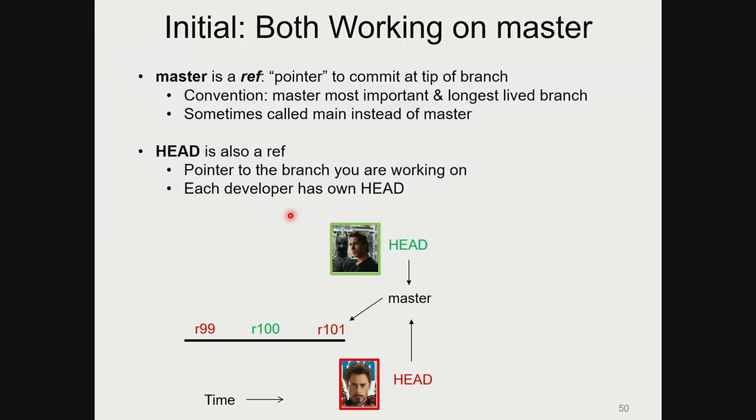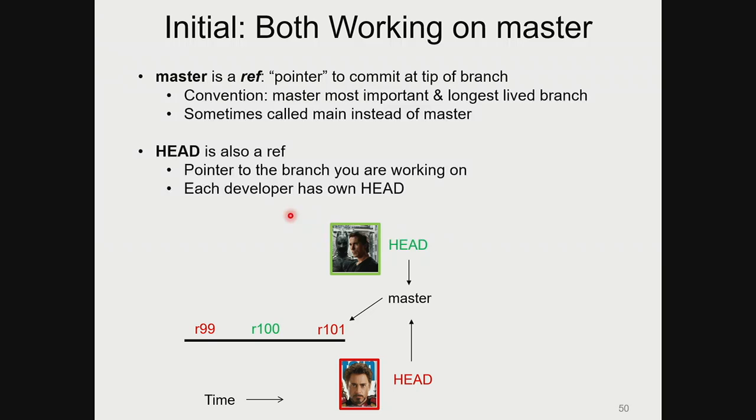So what do we mean by branch? In Git, there are two main pointers called master and head. Master is basically a pointer to a commit, to the tip of the main branch that is seen by all team members, okay? It doesn't have to be called master, you can call it whatever you want.